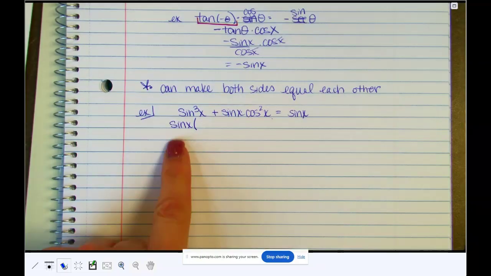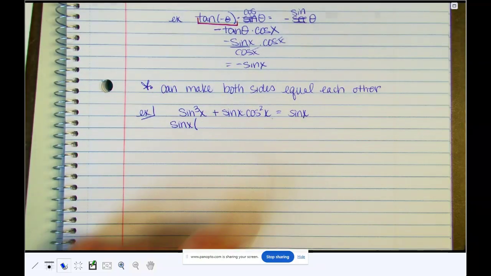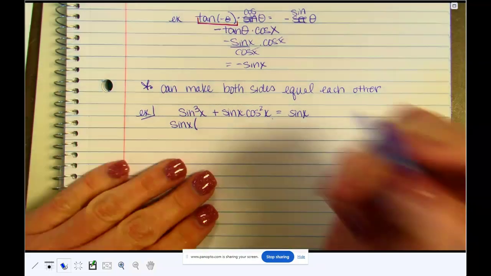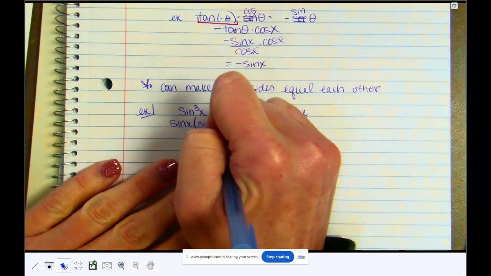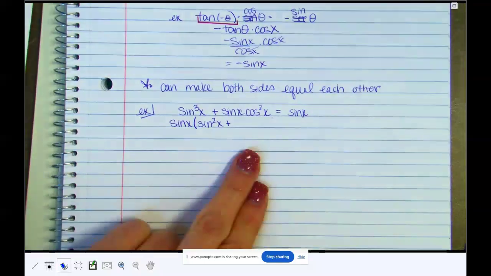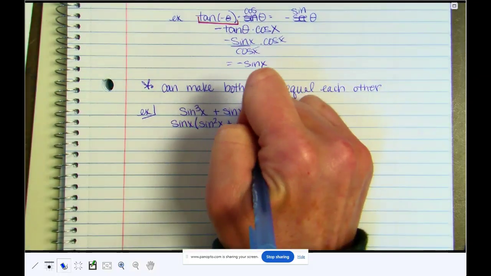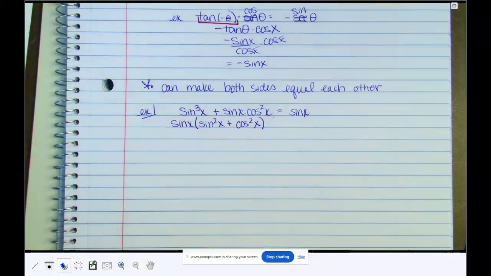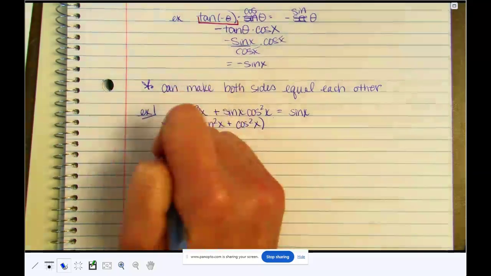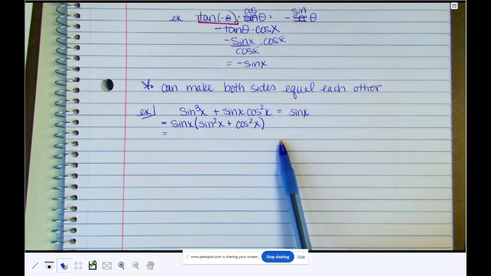Okay, so if you pull a sine out from sine cubed, what are you left with? Yep, so sine squared. If you pull a sine out from the second one, what are you left with? Now, as we do these, some of you are like, this is like the worst teeth pulling thing in the world, Mrs. Douglas. It's so hard and it hurts. Some of you, though, will get to the point where before you're done, you can say, I see where this is going.